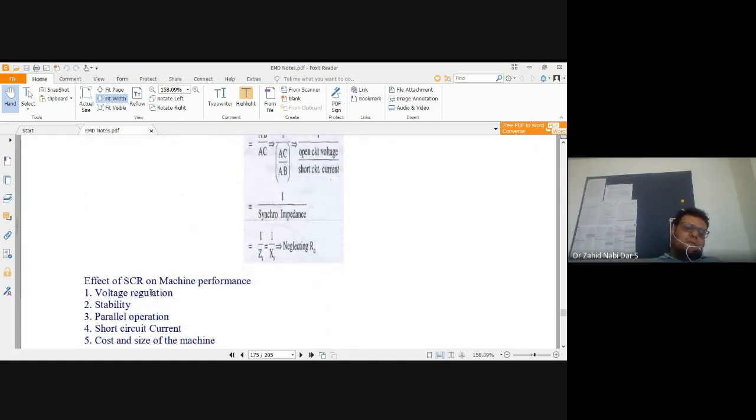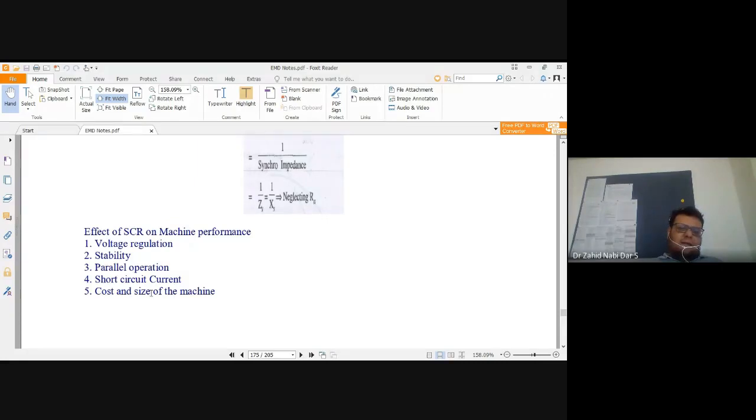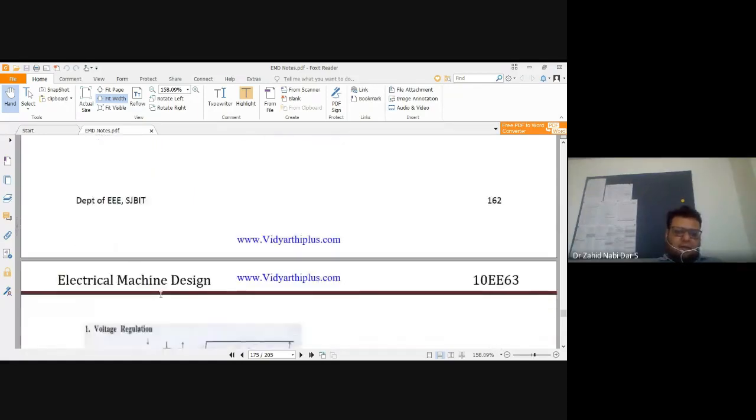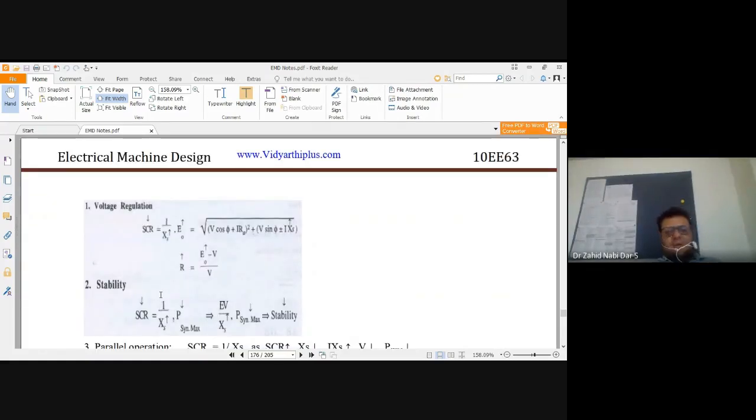Now the important concept here is the effect of SCR on machine performance. Definitely your voltage regulation, your stability, your parallel operation, your short circuit current, and cost and size of the machine get affected. So how does your short circuit ratio affect your voltage regulation? Obviously the formula for voltage regulation is the square root of (V cos phi plus I Ra) squared plus (V sin phi plus or minus I XS) squared.